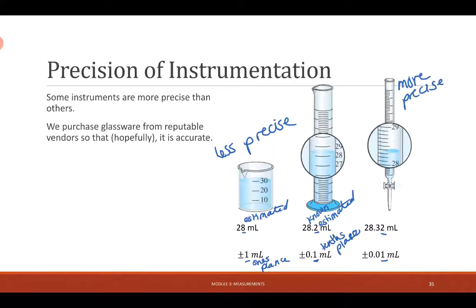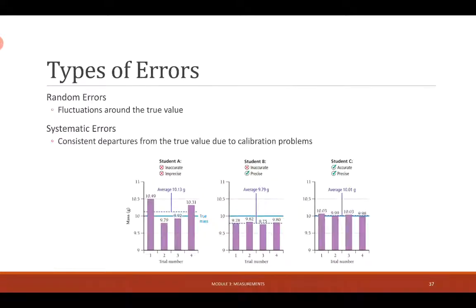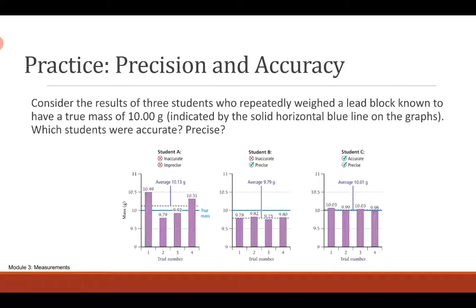Okay, let's look at graphs of the data. If we look at the graph for student A, we can see that the true value, indicated by the blue line, is 10.00 grams. Some measurements are much bigger, some measurements are lower.